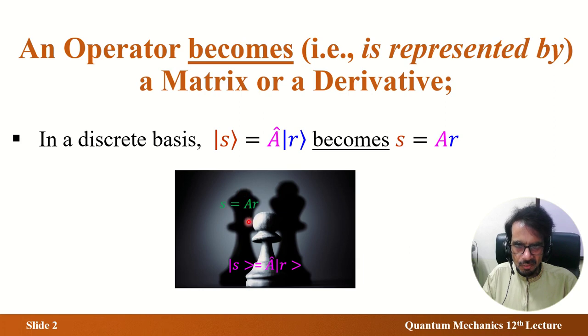So one way an operator is represented is a matrix. But that is just for completeness; our target in this lecture is not a matrix but a derivative, minus i h bar d by dx. Derivative is the other representation. That means the operator can become a derivative.